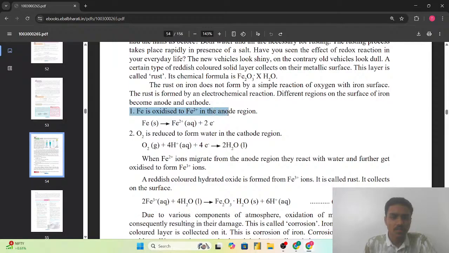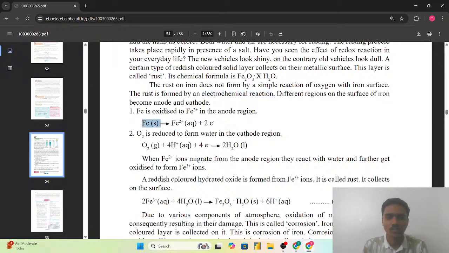So iron is oxidized to Fe2+ in the anode region. मतलब जो आयन है यहाँ पर जो ऑक्सीडाइज हो जाता है Fe2+, ऑक्सीडेशन हमने देखा था कि इलेक्ट्रॉन जो दिए जाते हैं, so that we have seen about the iron is oxidized to Fe2+ in the anode region. मतलब आयन यहाँ पर Fe2+ जो कि aqueous solution में, this is taking place in the aqueous medium, so that's why we are naming this type of reaction as the electrochemical reaction.